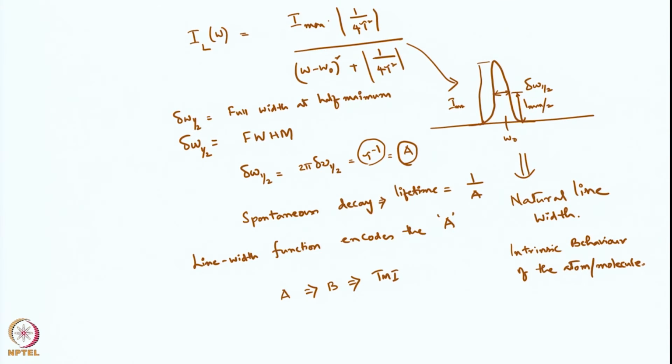Now, in general, one finds that there are other effects like temperature, and because of temperature there are molecular speeds, which are given by the Maxwell-Boltzmann distribution in the gas phase, and in solution they are given by the path length or mean free path.